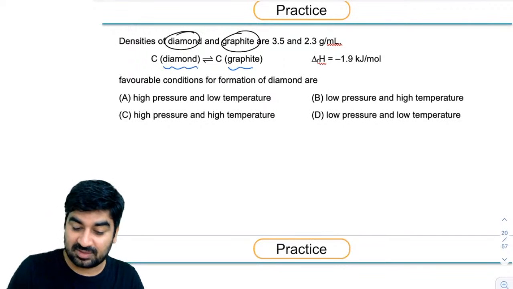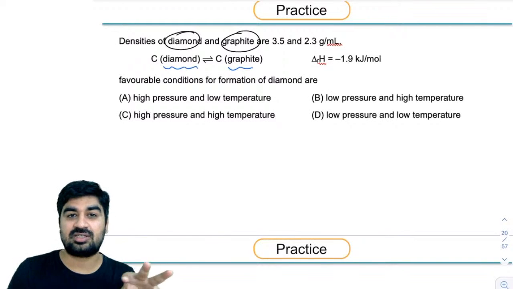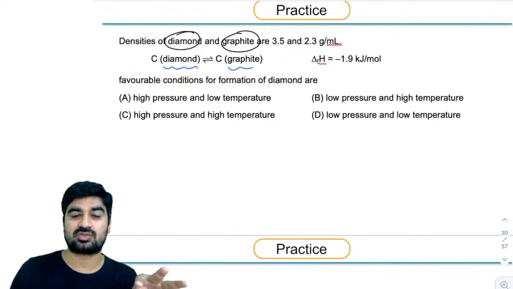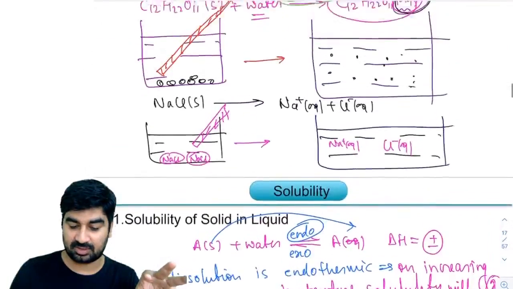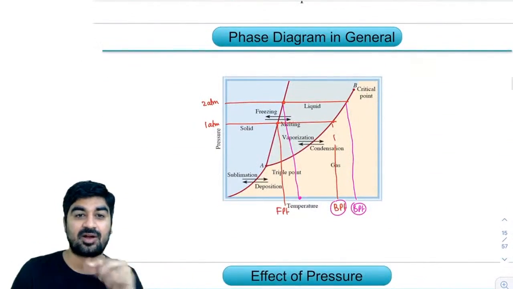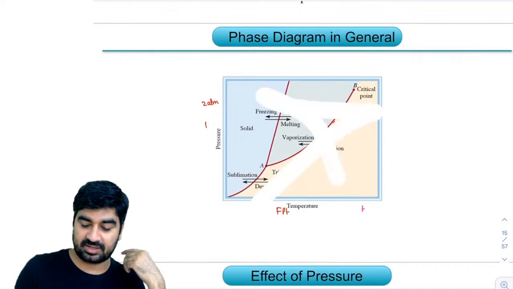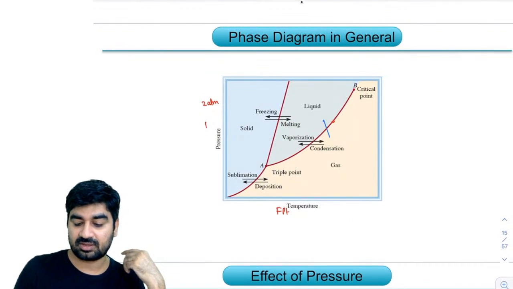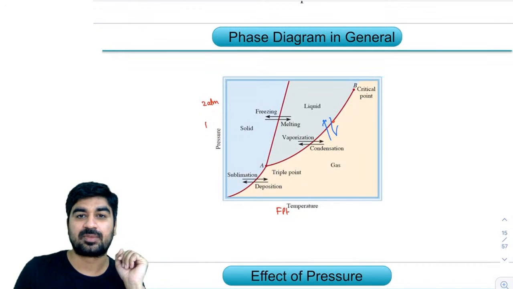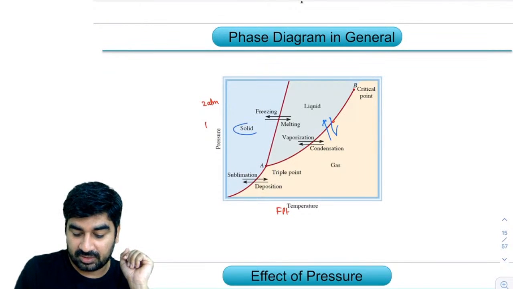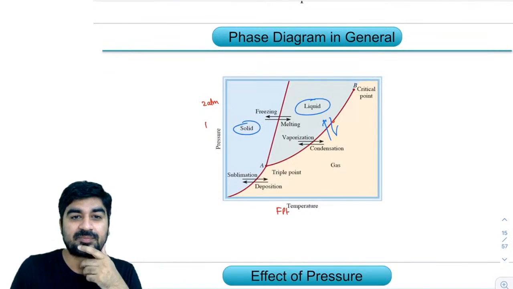So now I will tell you. You can answer these questions only depending upon the phase diagram. When there is a gas, there is no problem. But when we have solid and liquid, there is no gas.